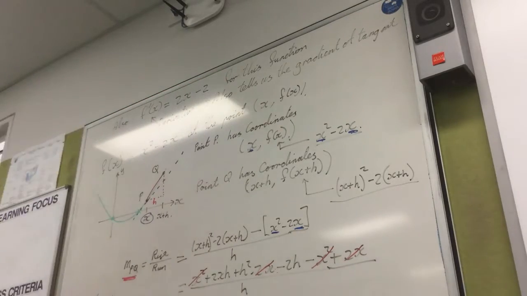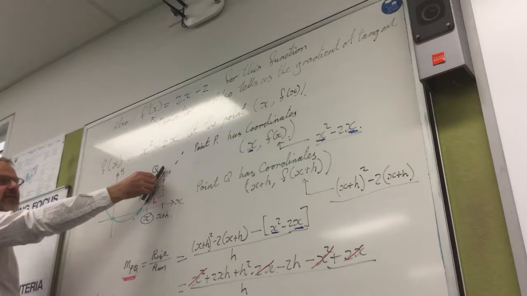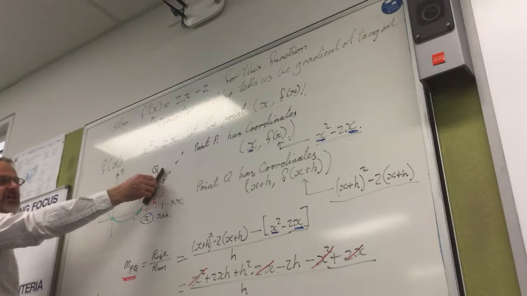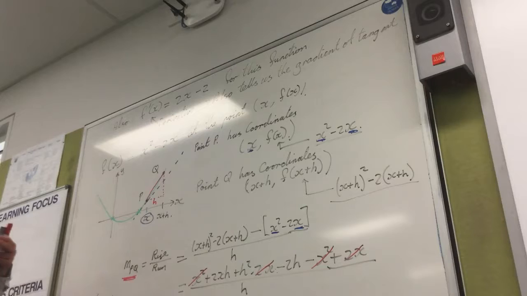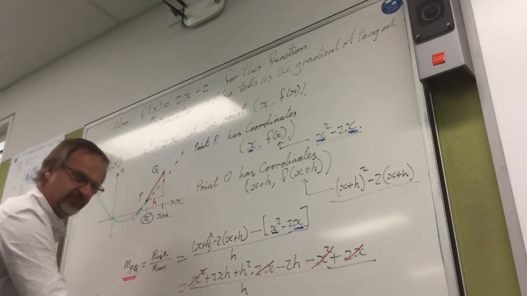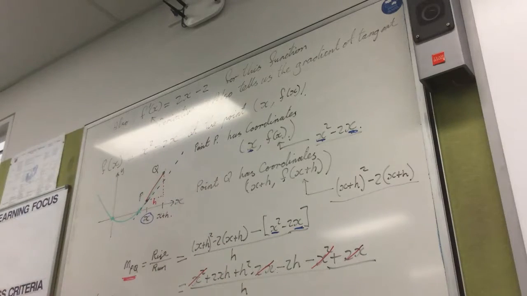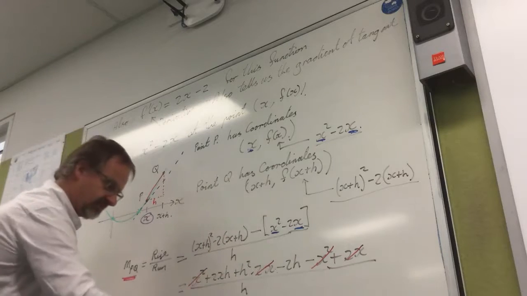So those two things are connected. The derivative tells us the gradient of the tangent, because that's what I did here: gradient, gradient, gradient, getting closer to this gradient. This process here is called differentiation by first principles.